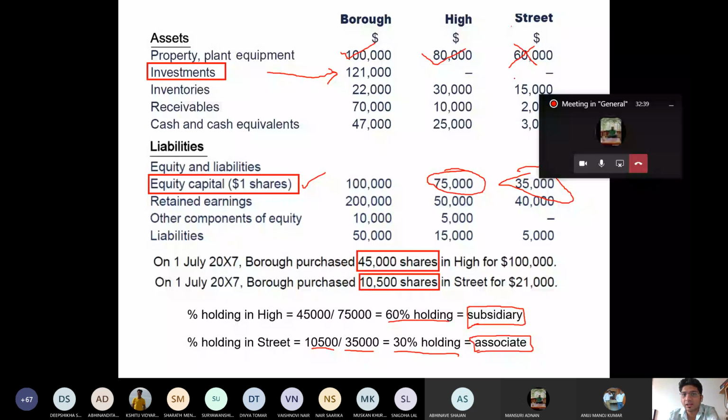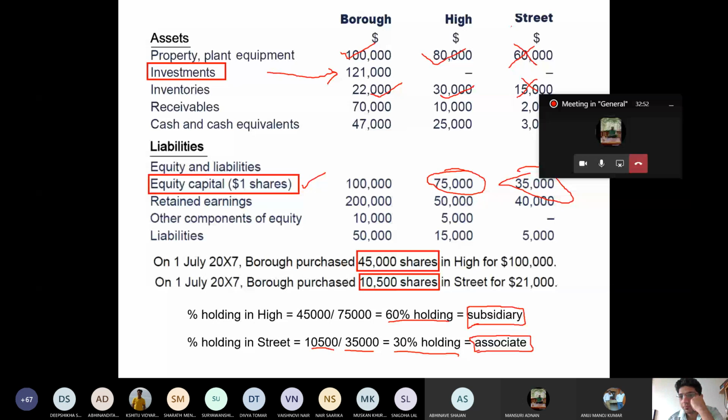Similarly for inventories, 22,000 will appear, 30,000 will appear, and this 15,000 will not appear. So that is what we mean by consolidation. We have to see what all we need to consolidate.